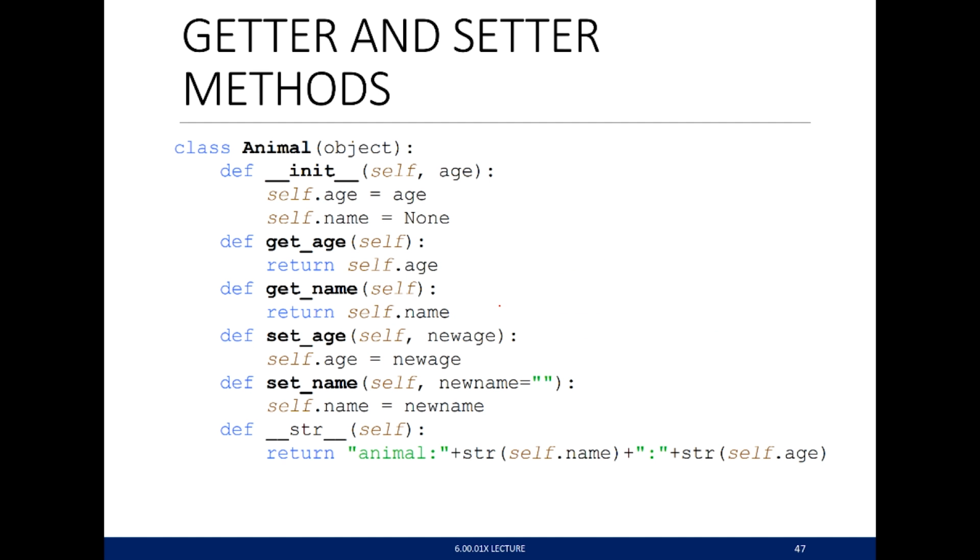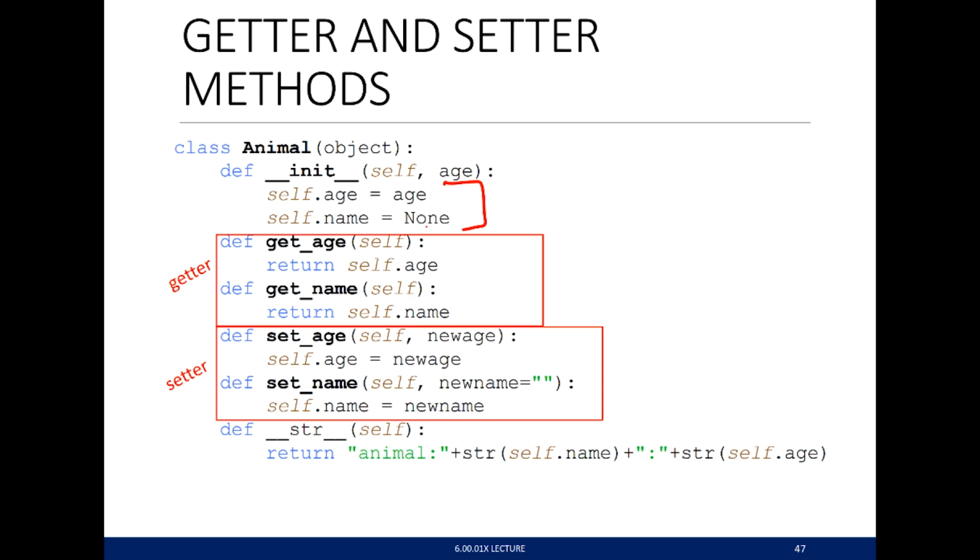All right, let's start doing some interesting things with animals. I did this a little bit earlier: I said I need methods to get out values. And here I'm going to have something that gets out the age, something that gets out the name. That makes sense because those were the two attributes I defined up here, even though I didn't pass in an initial value for name. But I also want to have another kind of method here, and we call those setters.